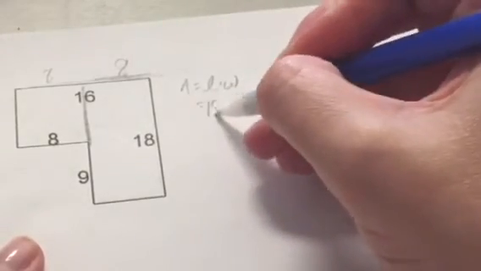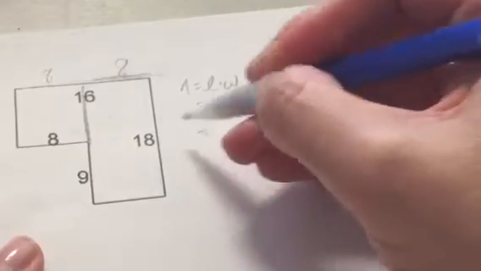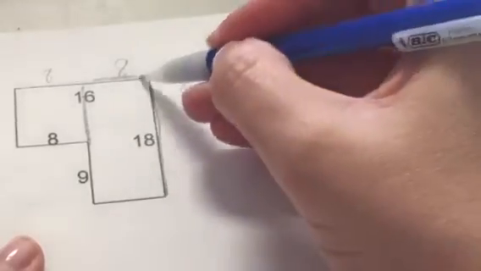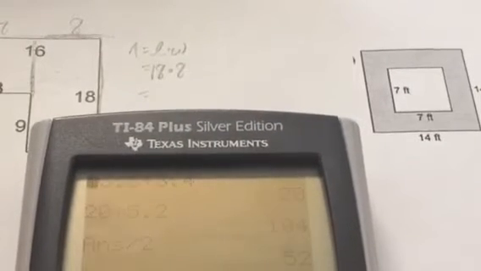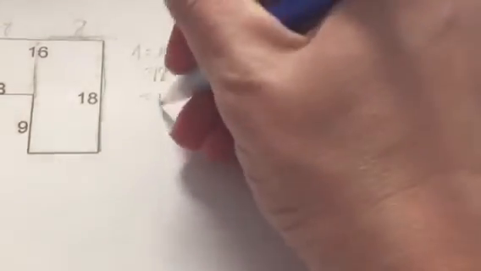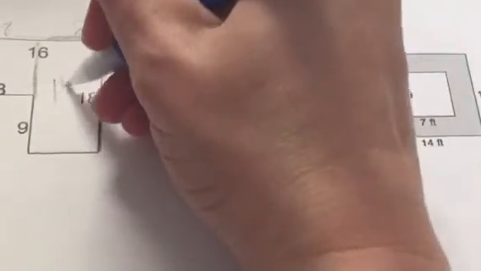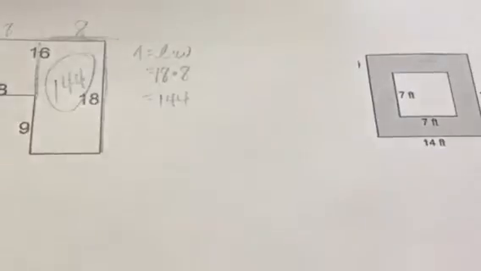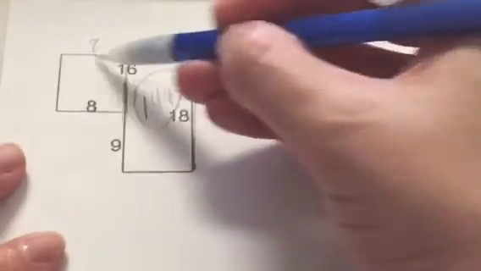So if I were to find the area, which is length times width of this rectangle, I would do 18 times 8. Here's length, here's width. So I'm going to enter that into my calculator. 18 times 8 would be 144. So this area is 144 in here. But we still have this shape over here.